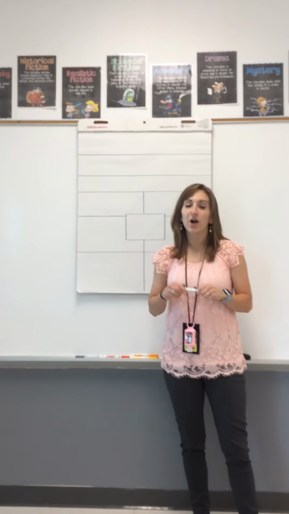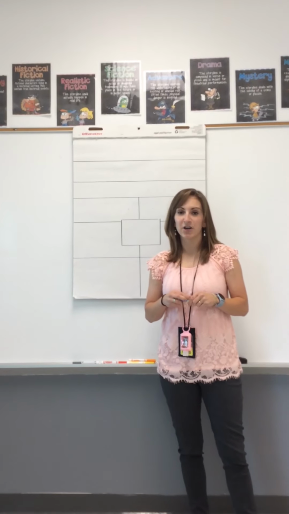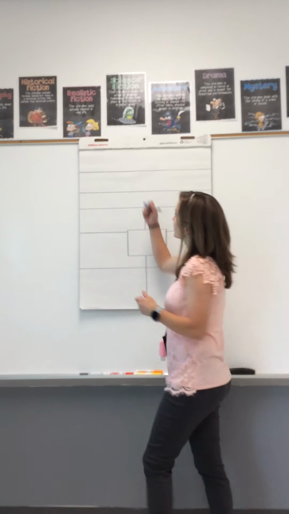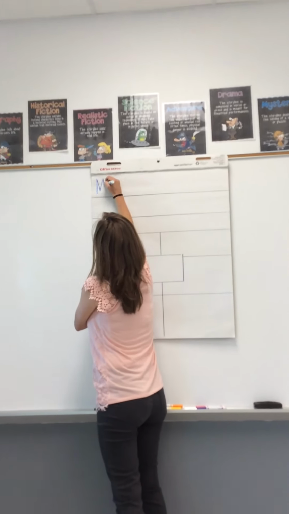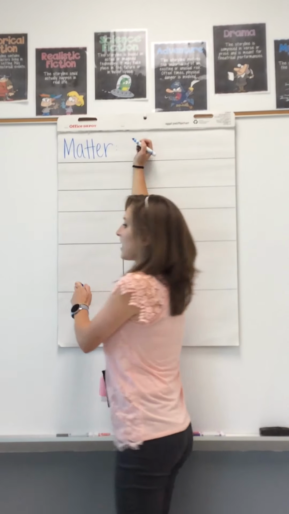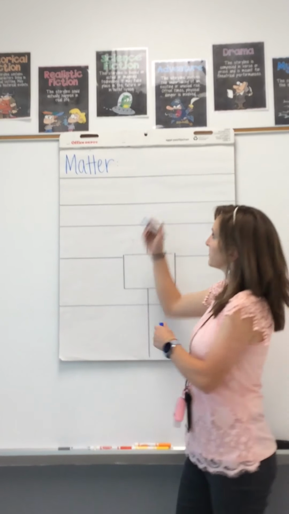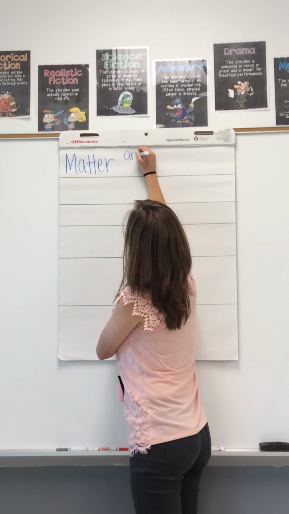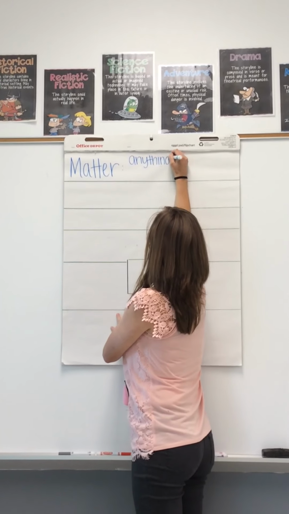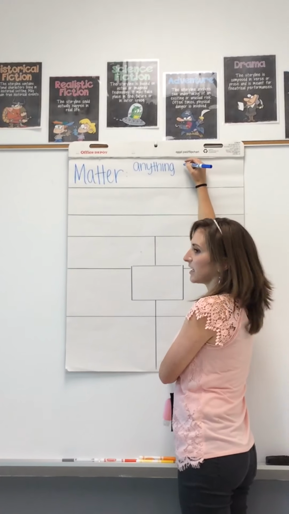Today we will be doing our first anchor chart for our first unit, which is states of matter and properties of matter. So first, what is matter? We can define matter as anything that takes up space and has mass. So you're in your journal writing what I'm writing, except you're just doing it on paper and I'm doing it on an anchor chart.